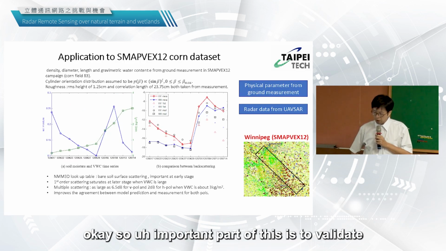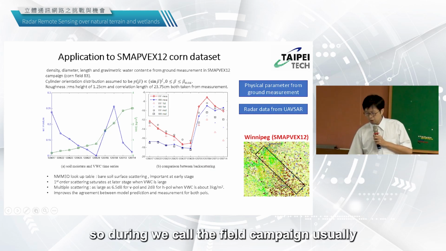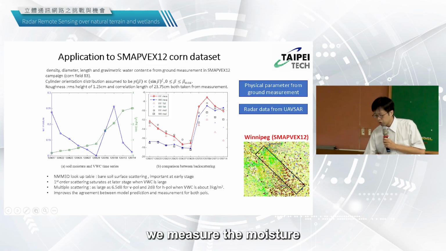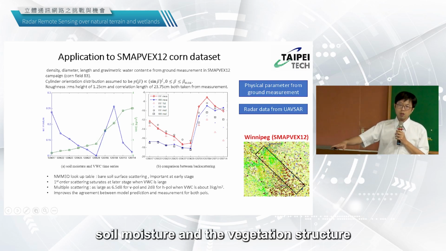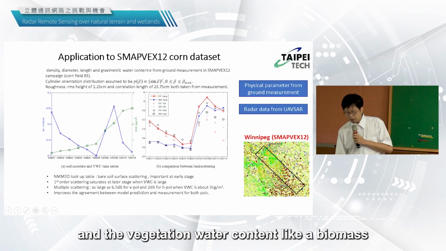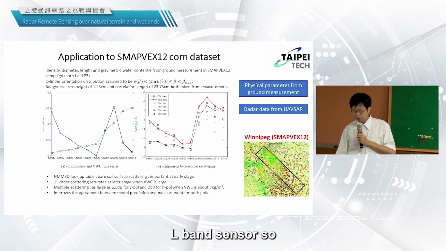Okay, so an important part of this is to validate with measurement data. So during what we call the field campaign, usually at the ground, we measure the soil moisture and the vegetation structure, and the vegetation water content, like biomass. And in the sky, we fly the airborne L-band sensor.